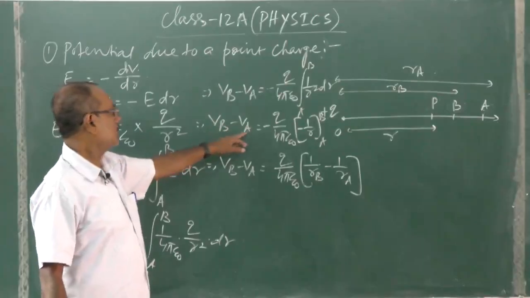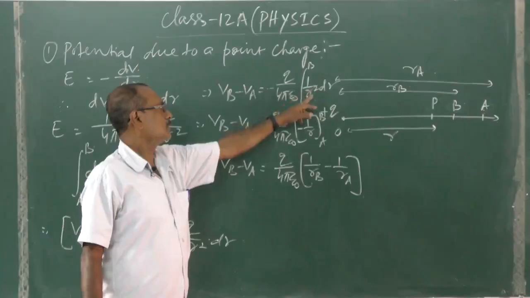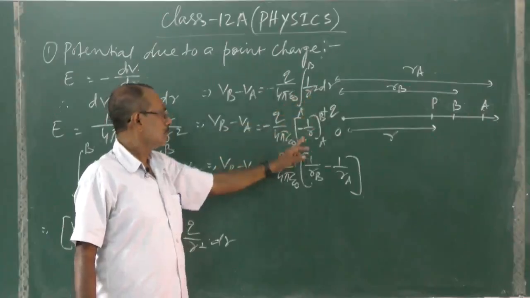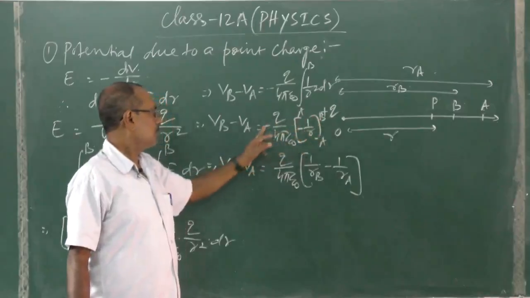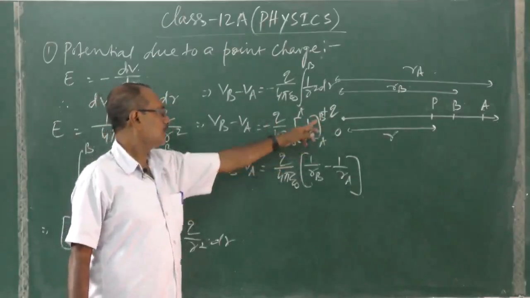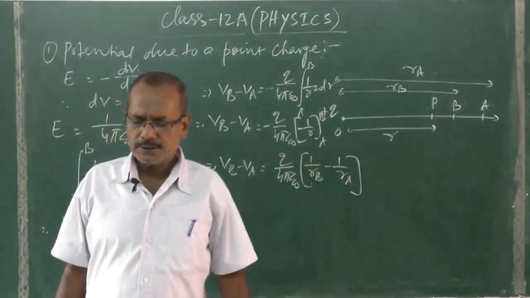Now we are putting upper limit minus lower limit.